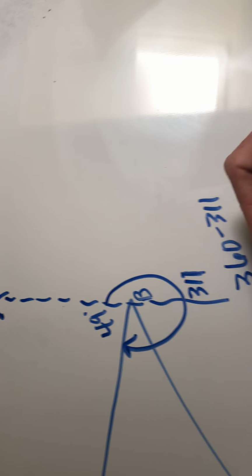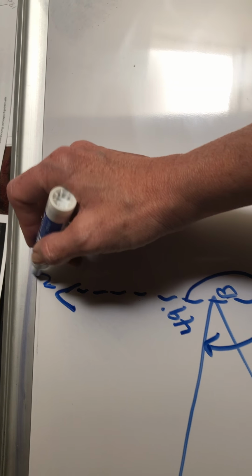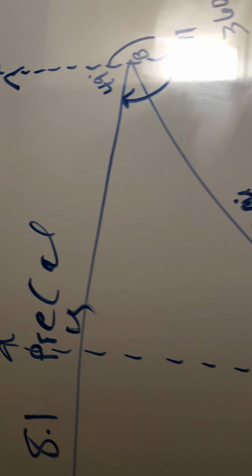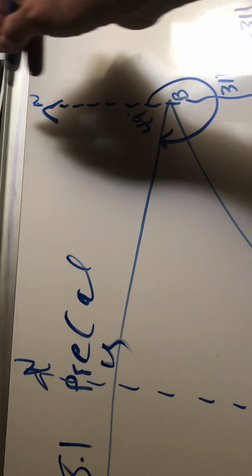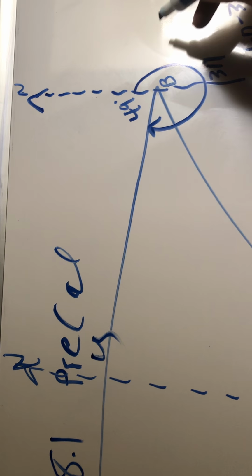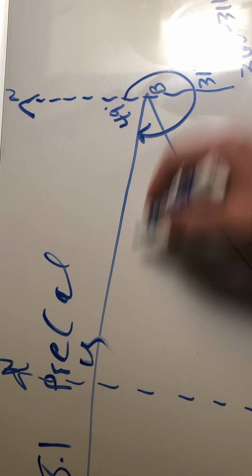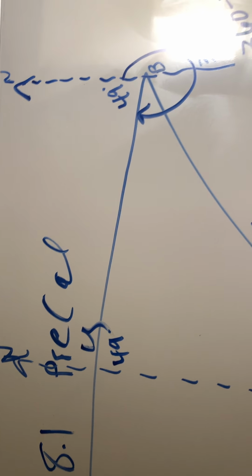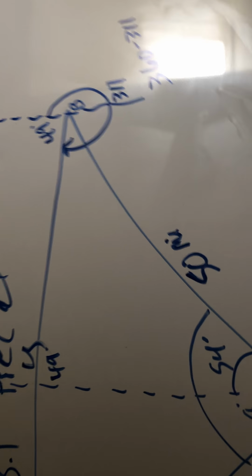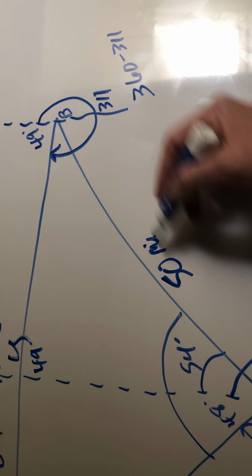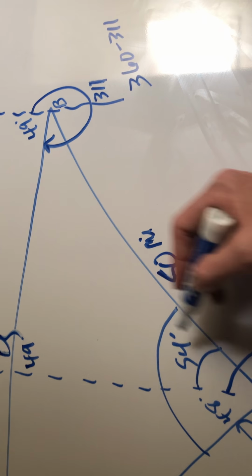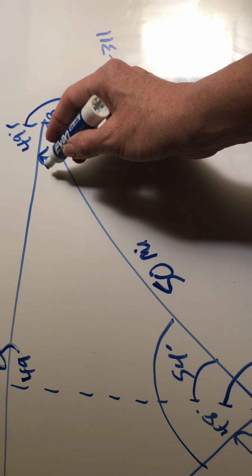Yes. Okay. So again, they give us this due north thing, and then they give us another due north thing. So you've got two parallel lines cut by this transversal. So this angle right here is 49. Now you're probably like, why does that help us? Because I can take this smaller triangle right here and use 49 and 54 and get that small angle.